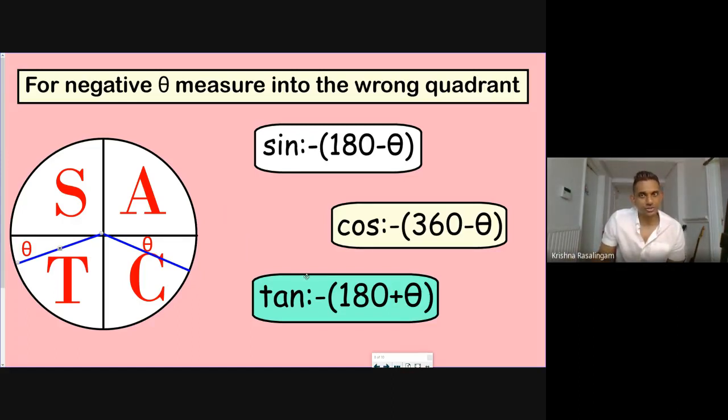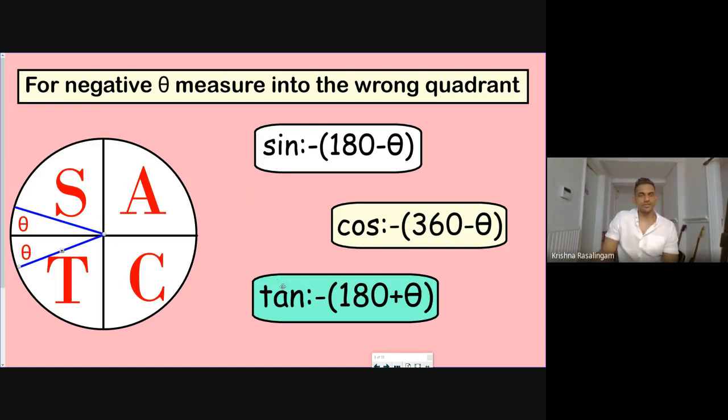So if I do cos, then the wrong quadrant for cos would be tan and sine, obviously. Don't know why it took so long to think about that. So we measure from the horizontal line, and then we measure the wrong way, so clockwise.